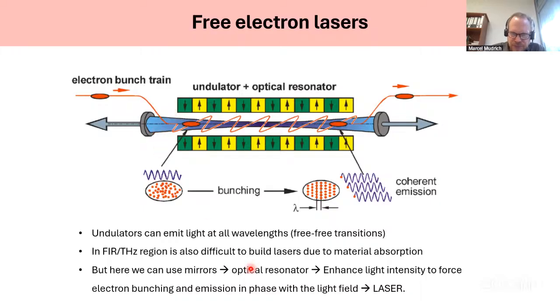And then, thanks to this resonator, where the radiation is resonantly enhanced by being reflected many, many times back and forth and forming standing waves inside the resonator, this of course facilitates the coupling to the electron bunches and enhances the SASE process. And that's a way to build a laser based on undulator radiation.